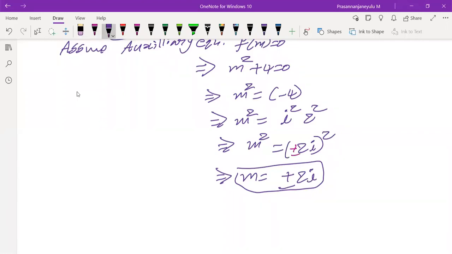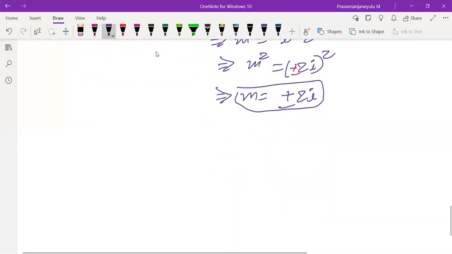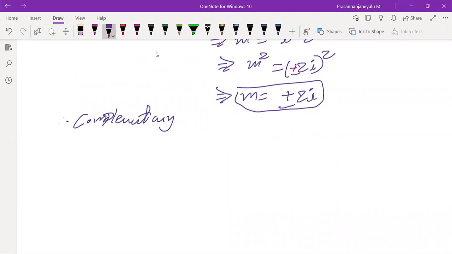This is the thing. So here, what about the roots we got? Two roots we got, but the two roots are complex roots. Therefore, what is the complementary solution? yc equals e power, the general form, 0 plus or minus 2i.